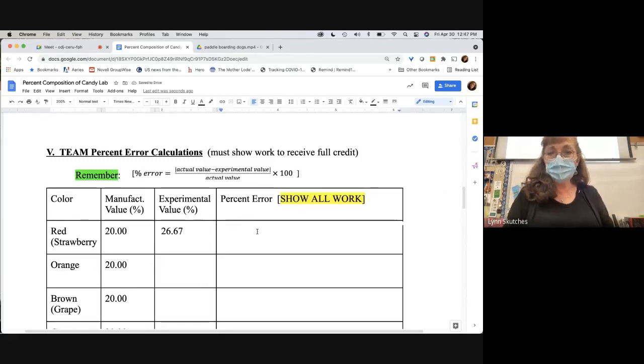And then to do percent error, divide that whole thing by 20, and then times that answer by 100.